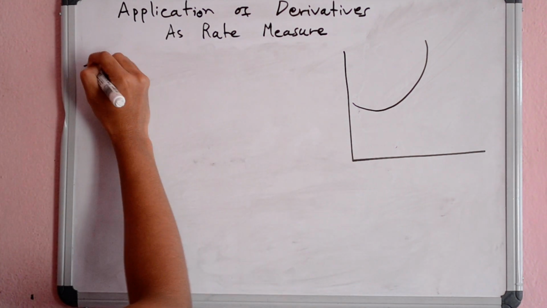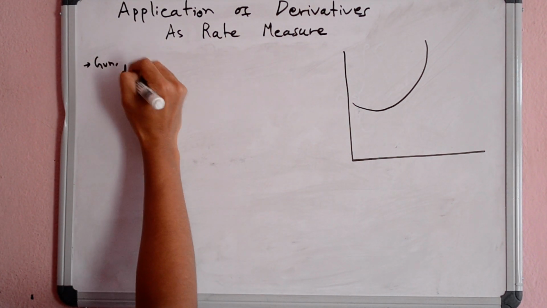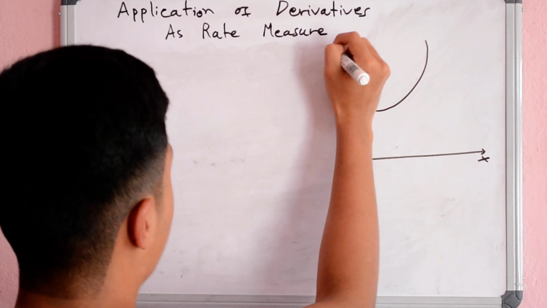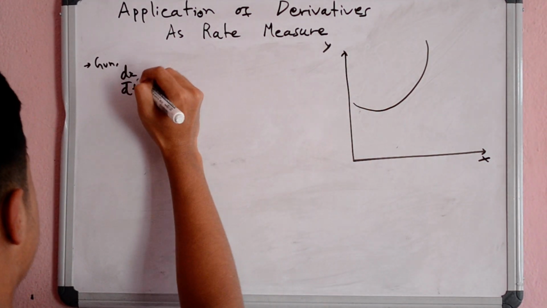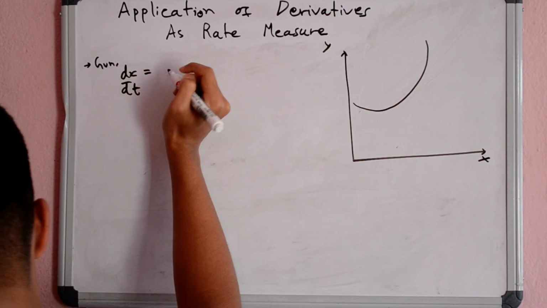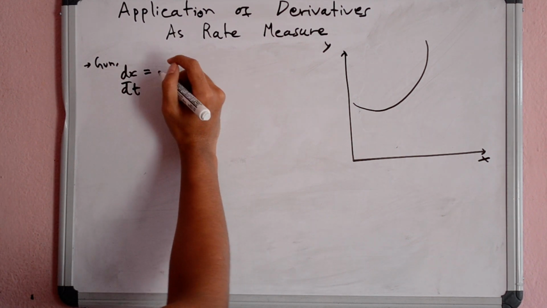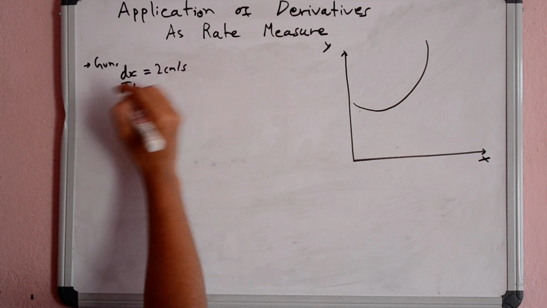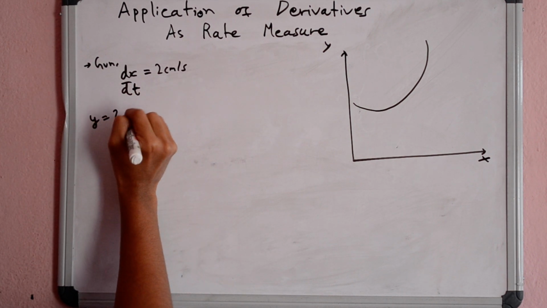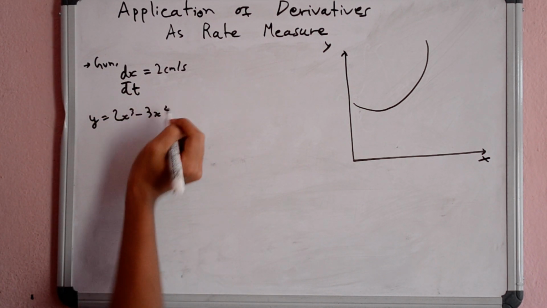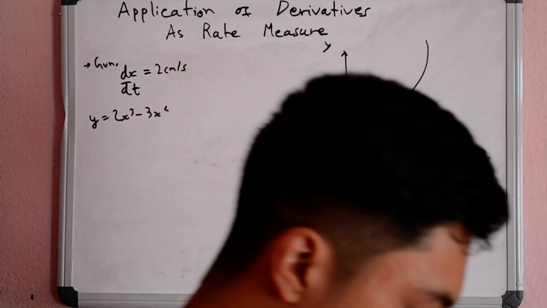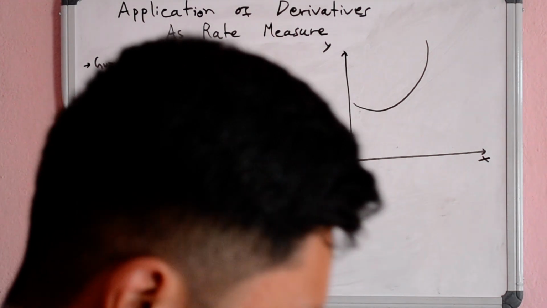So here it is given dx by dt equals to 2 centimeter per second, and here y is equals to 2x cubed minus 3x squared. Find the rate at which the distance of the point from the origin is increasing when the point is 2, 4.